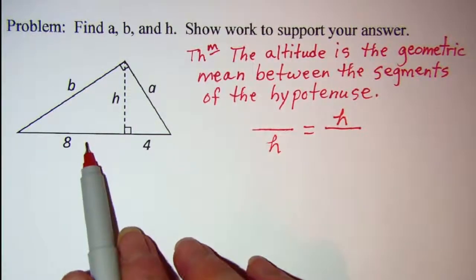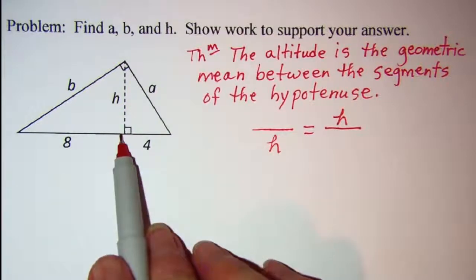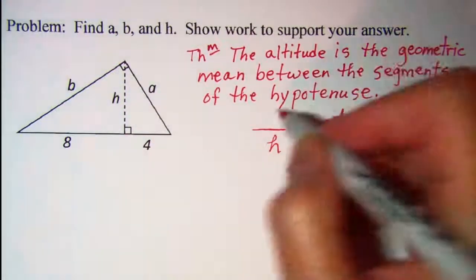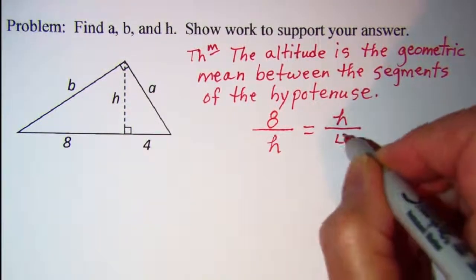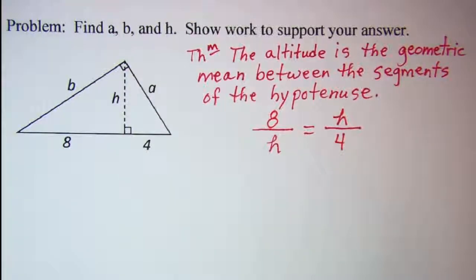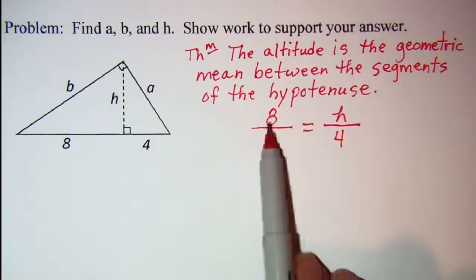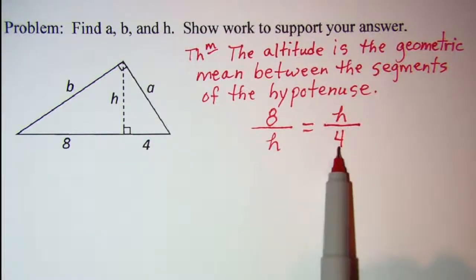And the segments of the hypotenuse are 8, that's this left segment, and 4 is this right segment. So our proportion that we find from this theorem is 8 is to h as h is to 4.